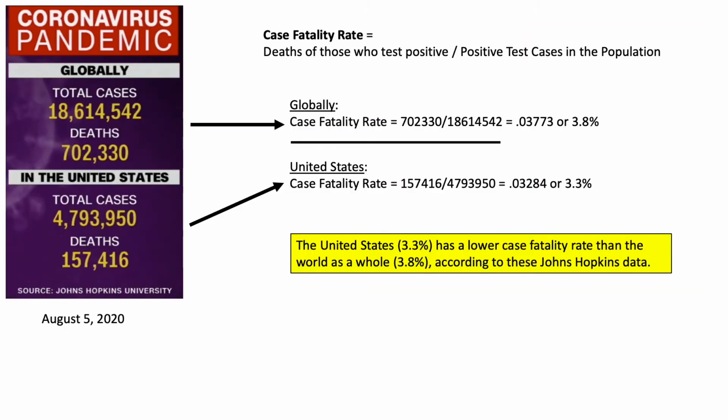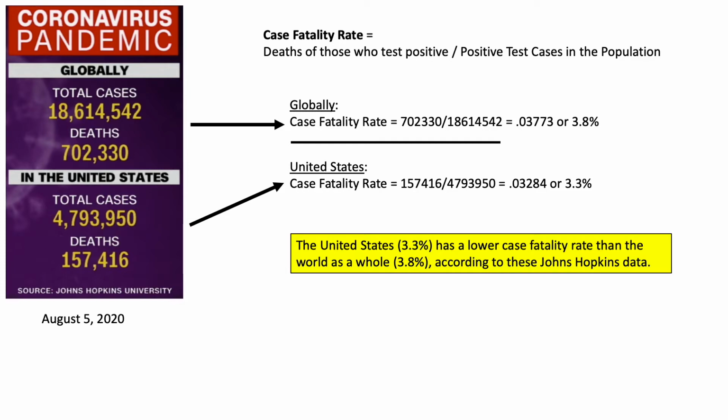So let's use those two numbers and do the calculation for the case fatality rate. We just take the total number of deaths and divide by the total number of cases. You can see globally, the case fatality rate is 3.8%, and the case fatality rate in the United States is 3.3%.